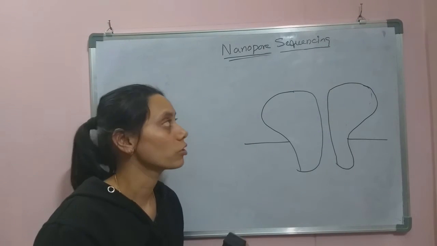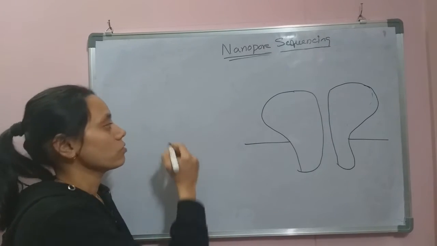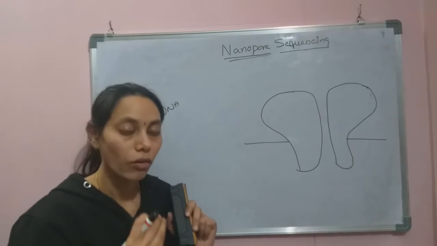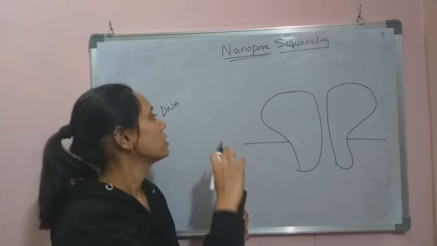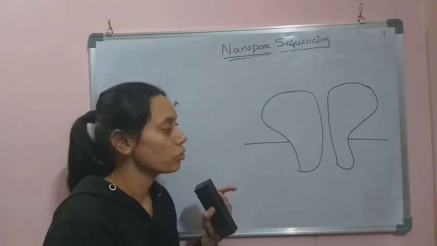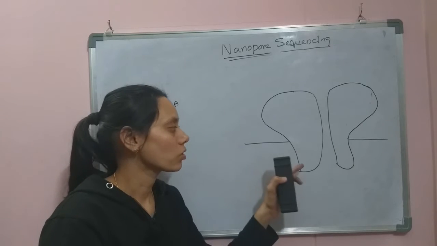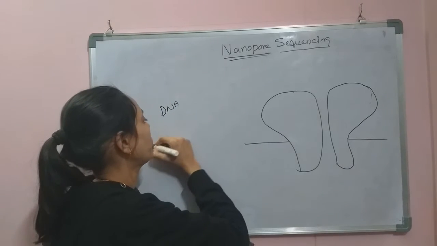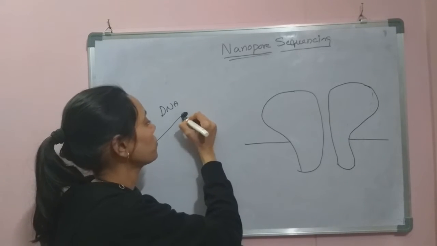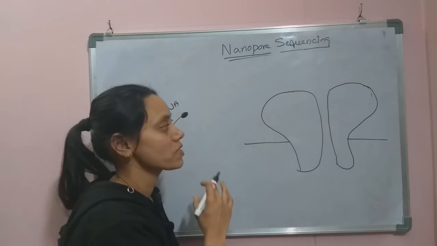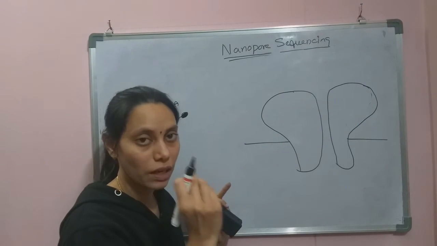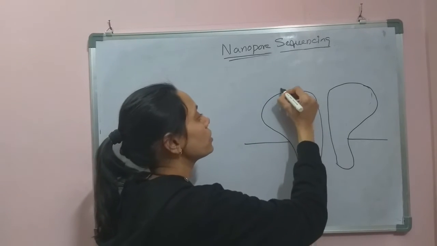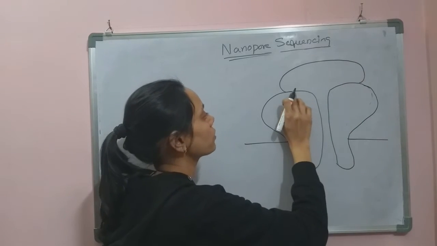During the DNA sequencing, first we need to isolate the DNA in its pure form, and then we allow this DNA to pass through the nanopore, which is fitted on the electrically resistant membrane. Here the DNA is tagged with a processing protein, and this processing protein allows the end of the DNA to find the nanopore and sit upon it.